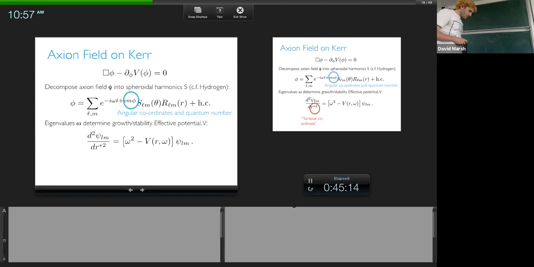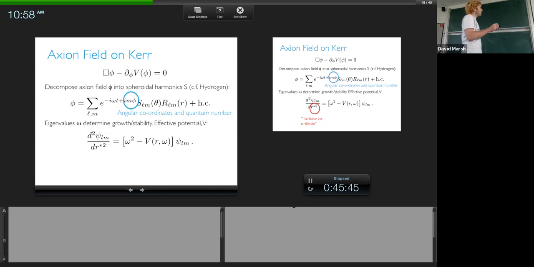What determines whether or not you have growth or decay of modes is the energy eigenvalues. If the energy eigenvalue is real, then you have just a stable mode. But if the eigenvalue has a complex part to it, then you can have growth or decay. So you can have either exponential enhancement or decay of a given mode labeled by lm. The omegas have lm indices on them that I haven't written.